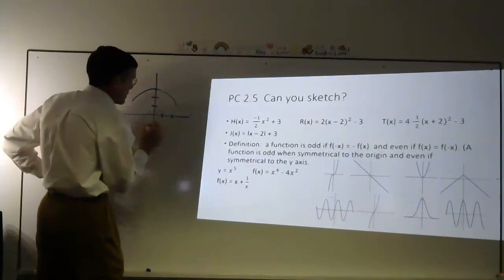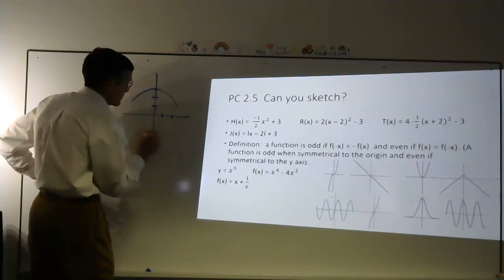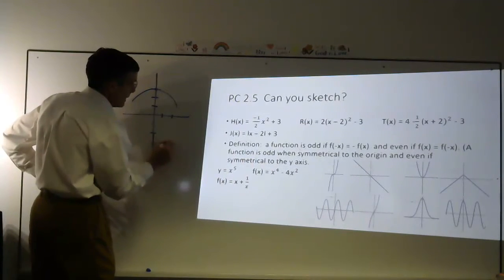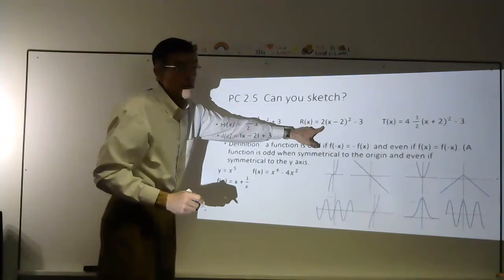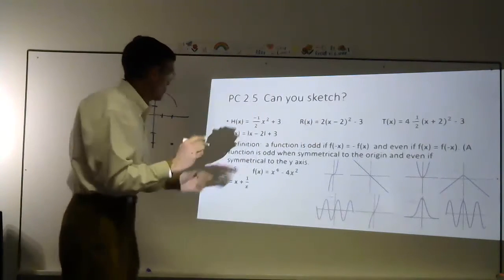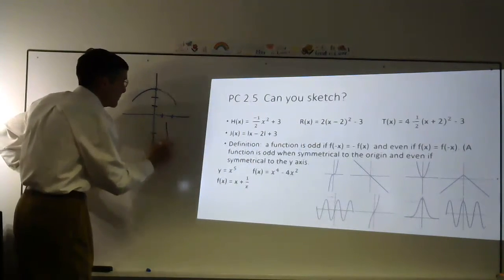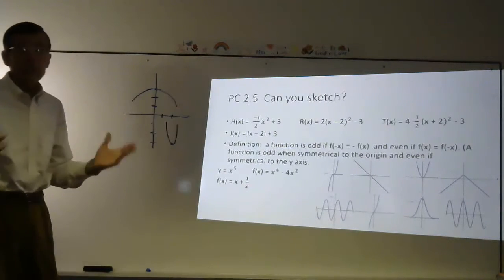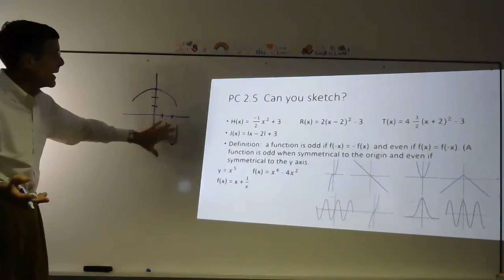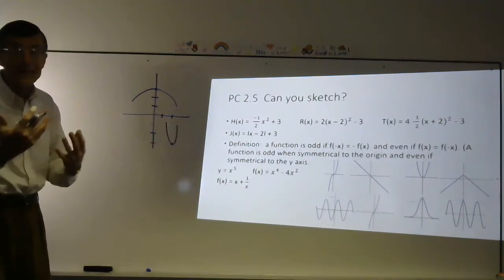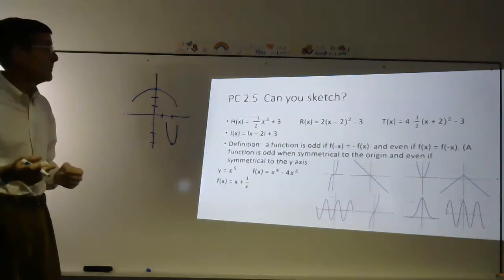Then it's going to go down 3. And here, it's still going to open up, but the value of 2 makes it super narrow. And you don't have to be fussy about this. You don't have to plot any points, make it super wide, make it super narrow, just so I can tell you know what you're talking about.